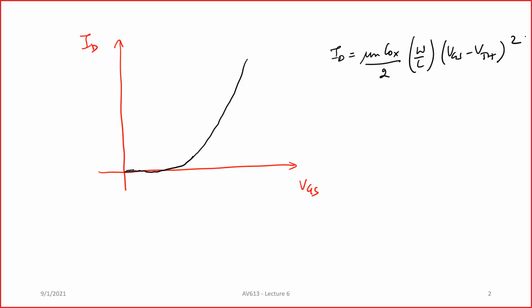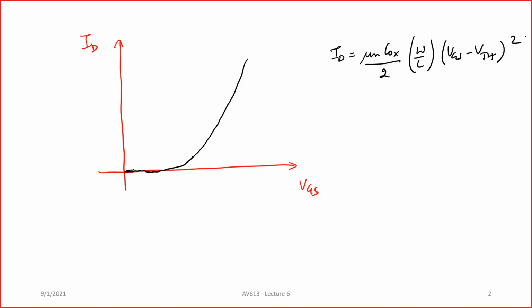This is the typical square law equation. I also mentioned that velocity saturation changes this exponent of 2 to something closer to 1. Some textbooks may say it is to the power of some alpha. There are different ways by which you can model it.